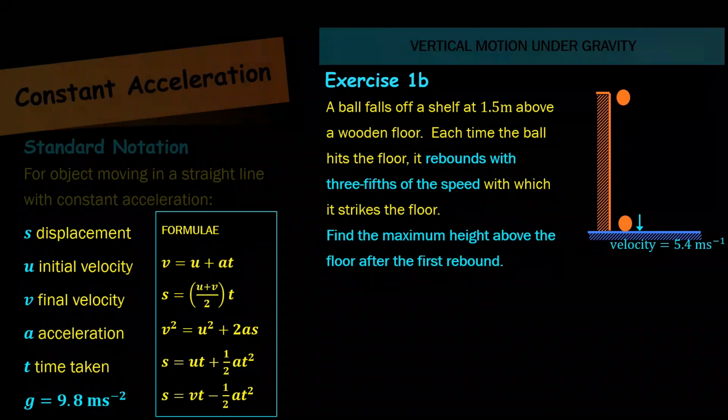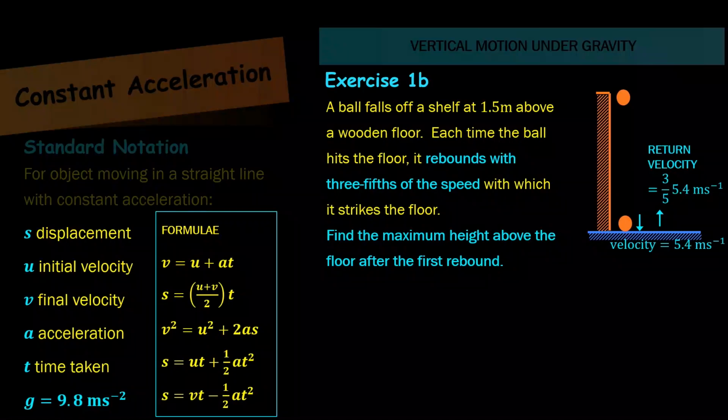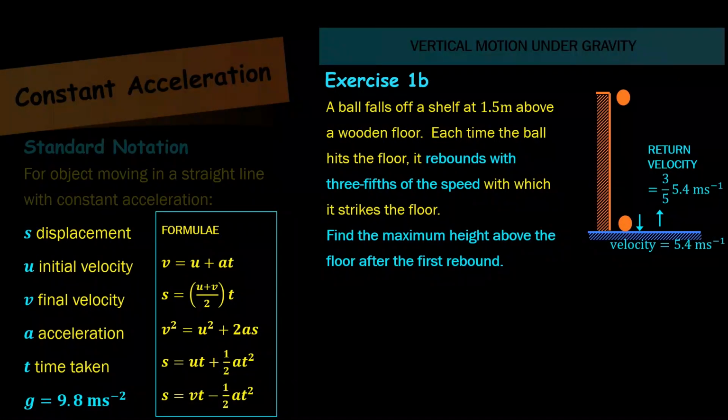We've noted from the previous part that the velocity is equal to 5.4 meters per second on impact on the first bounce. Therefore, the return velocity is 3/5 of this, therefore 3/5 of 5.4 meters per second. And this equals 3.2 meters per second.